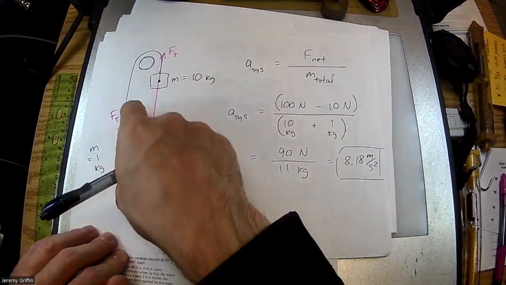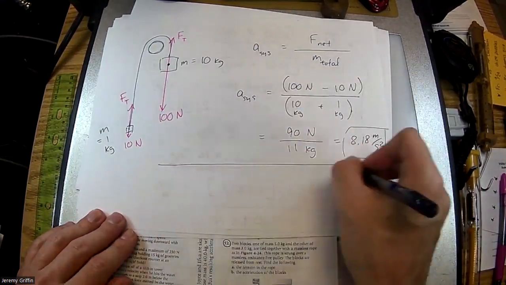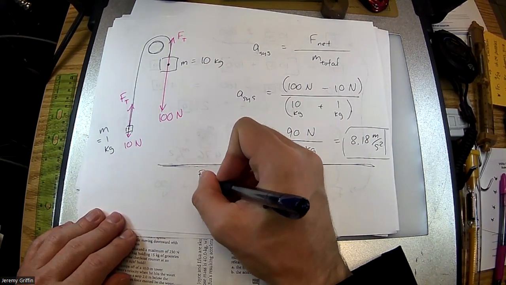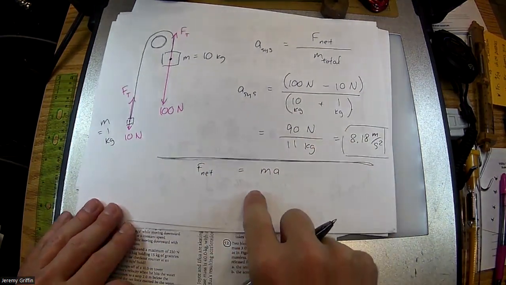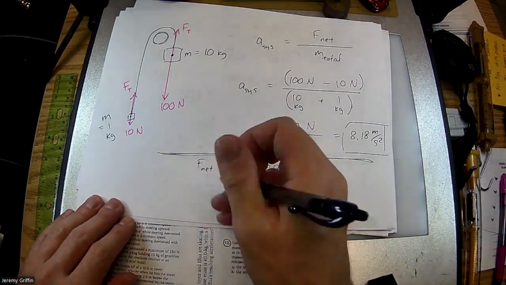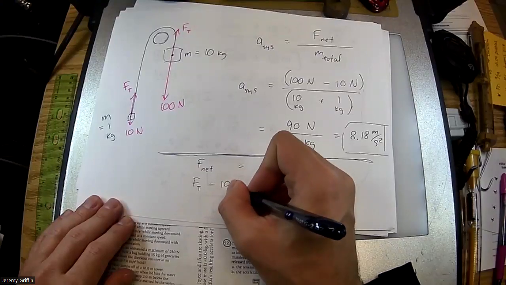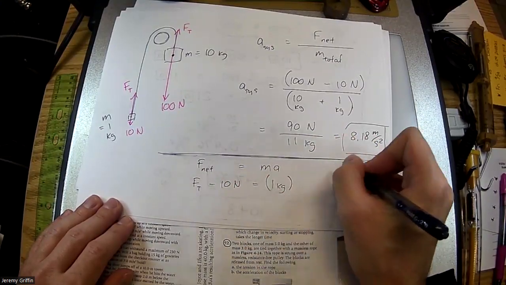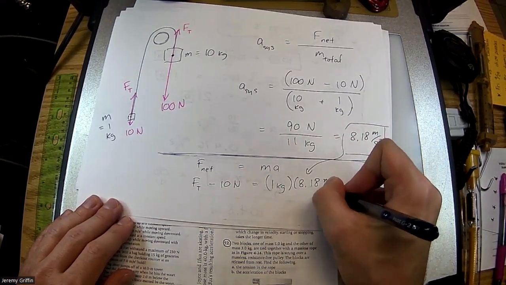So maybe let's pick the 1 kilogram block. How about that? Figure out what the tension in the string is. I can say net force is mass times acceleration for that single block. The net force is going to be tension up minus weight down, equal to, in this case, 1 kilogram being accelerated at 8.18 meters per second squared.